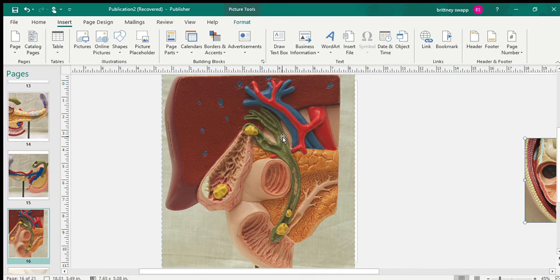These come together to form the common hepatic duct. This over here is the cystic duct. That comes together to form the common bile duct. This is the pancreatic duct, and those two come together and empty into the duodenum through what is known as the major duodenal papilla. So there is that structure there.